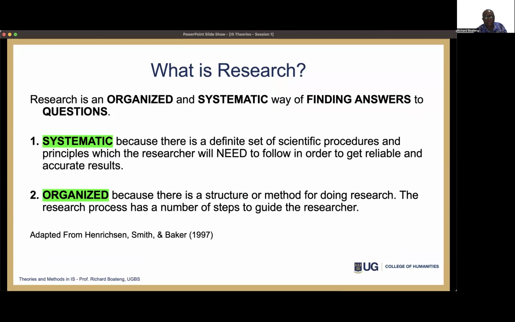So information systems researchers may define what we identify as information systems research, and these are the scientific procedures and principles which are acceptable within information systems research.